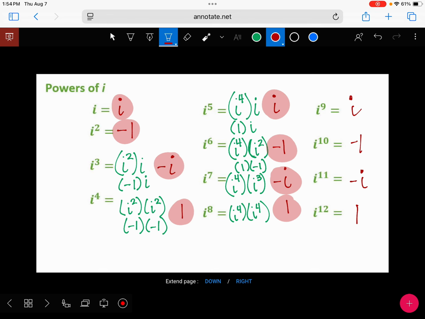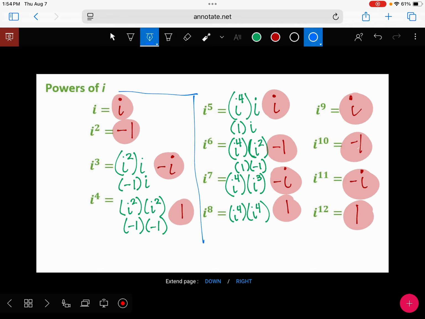When you are simplifying i, the only thing you need to have memorized is the first column. This is all that matters. If you know that, then you can simplify i to any power. This is the important component of simplifying i.